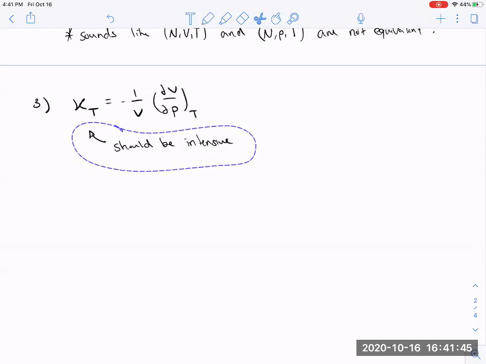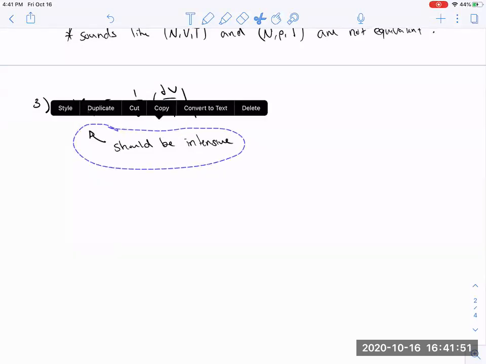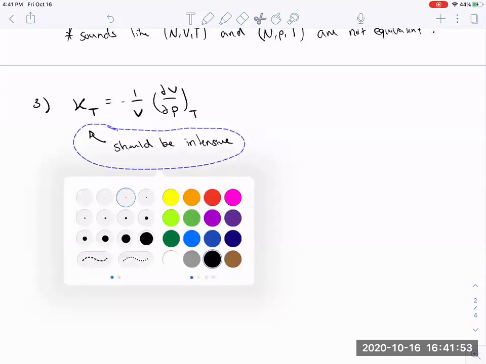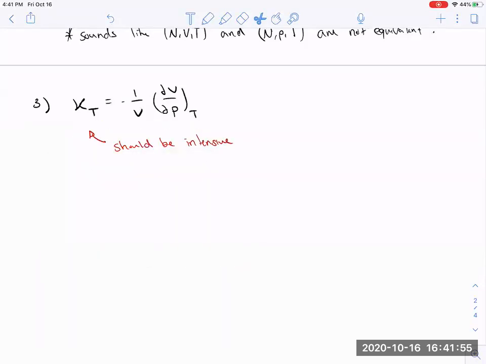So the volume is an extensive quantity. The pressure is an intensive quantity. I have volume, differential volume over total volume. That should render kappa of T intensive.